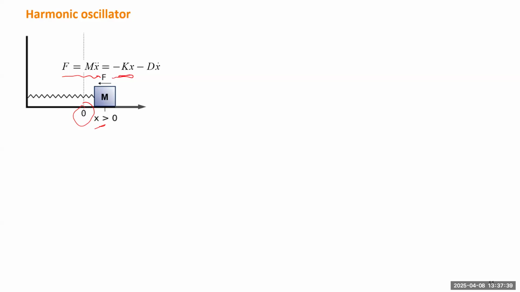If there's a spring with coefficient k, the force will be equal to negative kx. And if the system also has some friction, the friction can be proportional to the speed, so you would need to add this term. So for this system, you can have this second order linear differential equation.